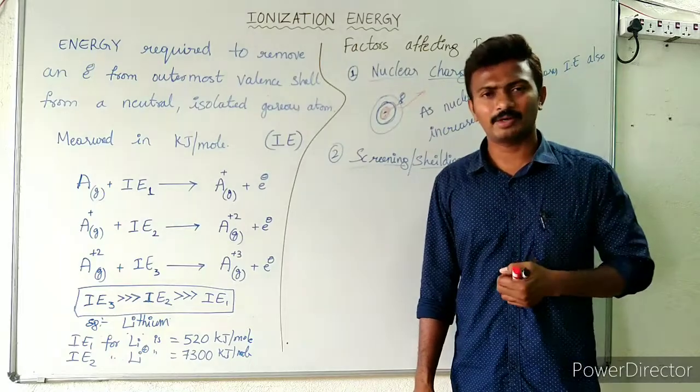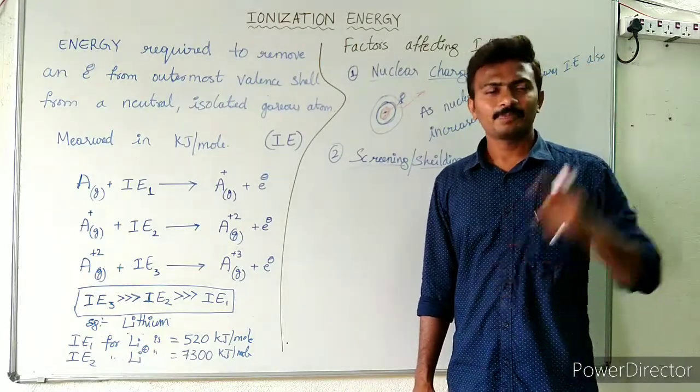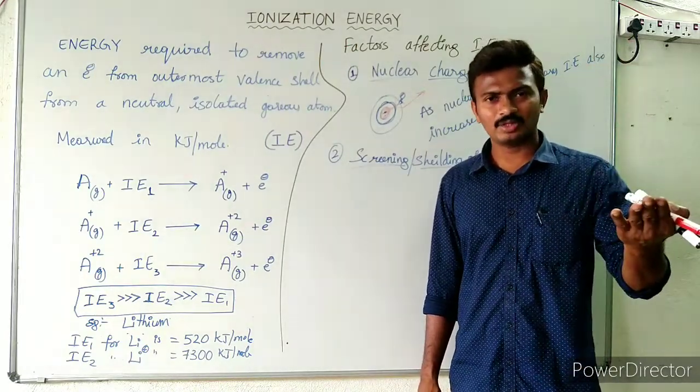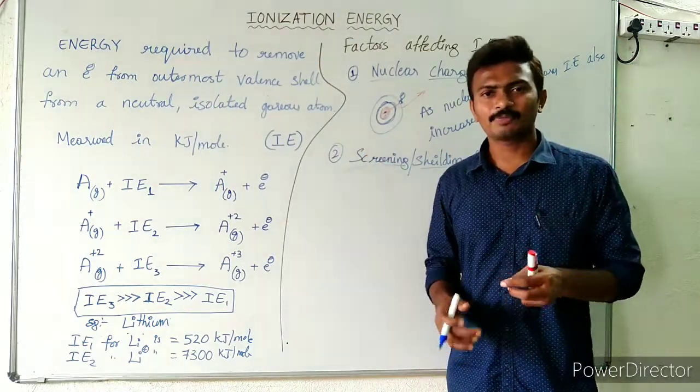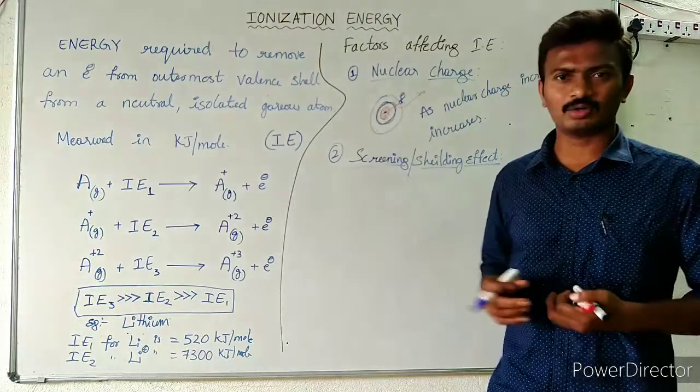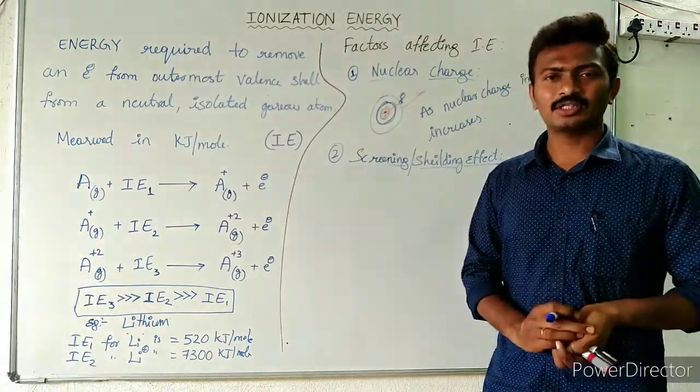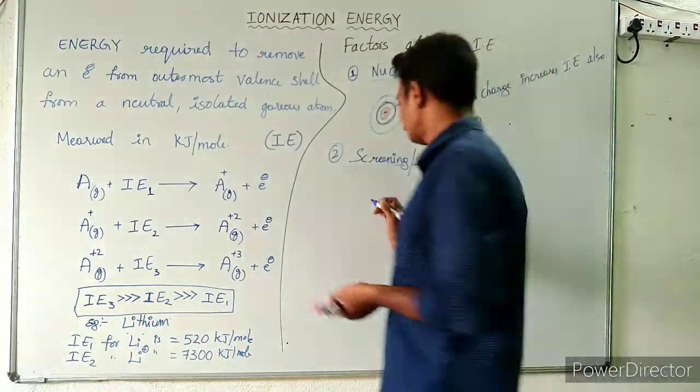This can be better understood from a period, from top to bottom. You know that the number of shells keeps increasing. So as the shells increase, the valence electron will be less affected by the nuclear charge. So therefore we can easily remove that.